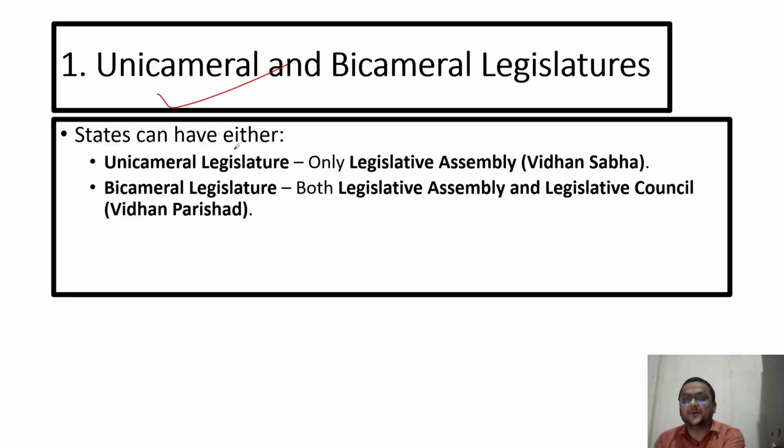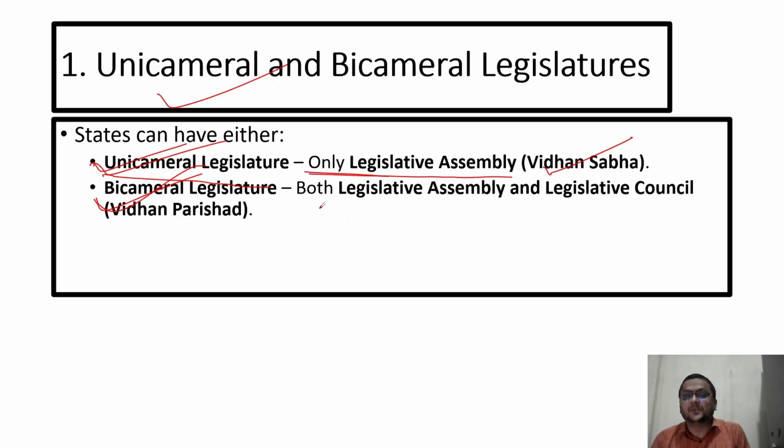A state can have either of these. Some states in India have a unicameral legislature and some have a bicameral legislature. What is a unicameral legislature? If the state has only one house, that is only the Legislative Assembly, or Vidhan Sabha, then it is called a unicameral legislature. If a state has two houses, it is called a bicameral legislature.